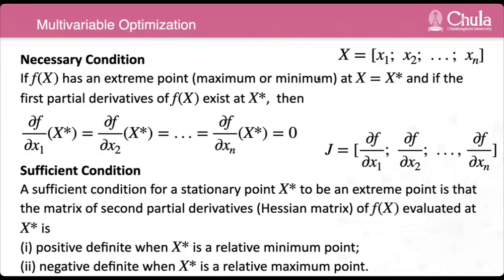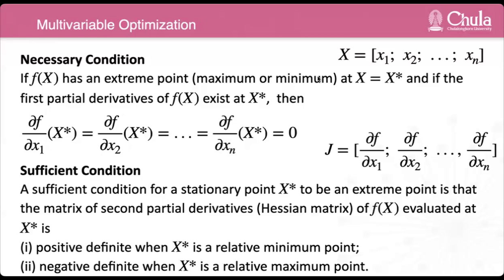So if f(x) has an extreme point, either maximum or minimum at x star, and the first partial derivative of f(x) exists at x star, then the partial derivative of f in each dimension must be equal to 0.